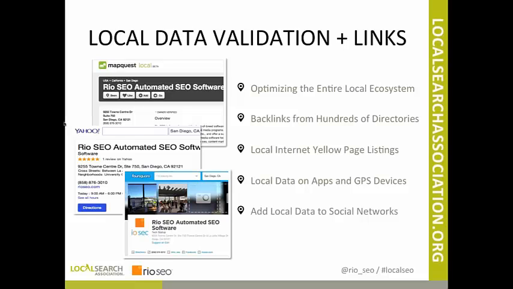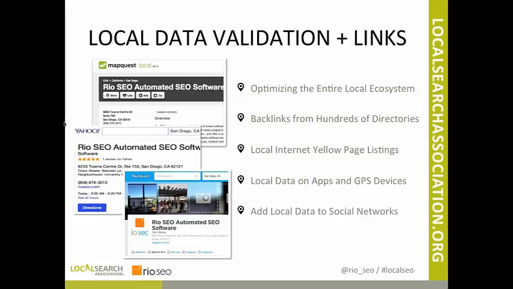Also, that information is supported to social networks. So every social network has to have a validation process and a way to collect and verify business data. If you don't communicate it to them, they have to collect it somewhere.